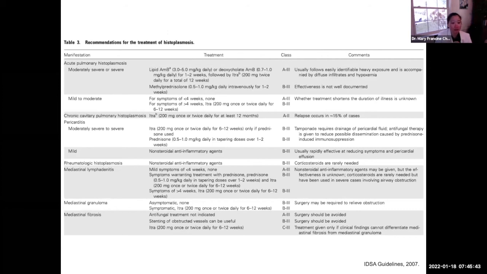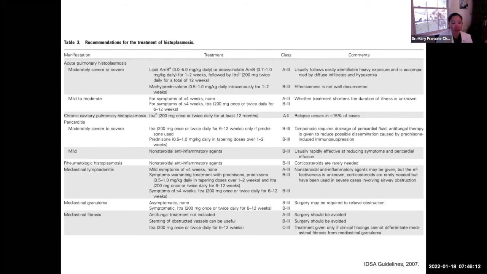If you have severe acute pulmonary histoplasmosis, you could get liposomal amphotericin B or amphotericin deoxycholate for 1 to 2 weeks, followed by itraconazole for a total of 12 weeks, with or without methylprednisolone. But the effectiveness of methylprednisolone is not very well documented.